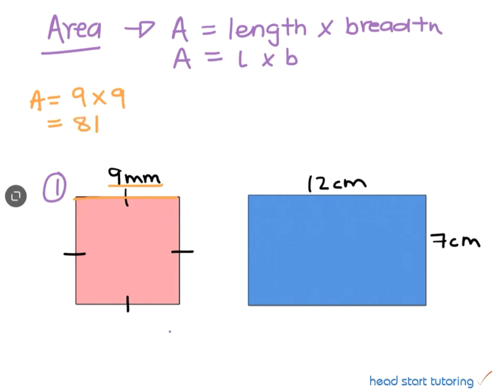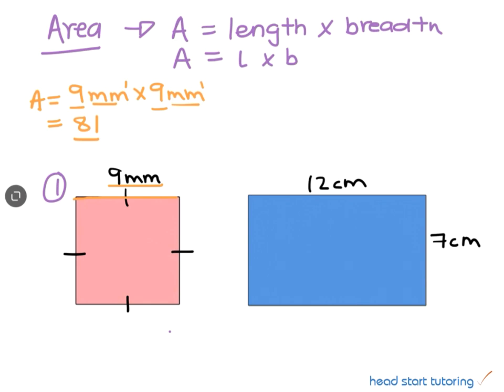So now we need to also be very aware of the measurement involved in area. Because what we are actually working with here is 9 millimeters multiplied by 9 millimeters, we are saying millimeters multiplied by millimeters. So in the same way that 9 multiplied by 9 is 9 squared, which is equal to 81, millimeters to the power of 1, there's an imaginary 1 there, multiplied by millimeters to the power of 1.